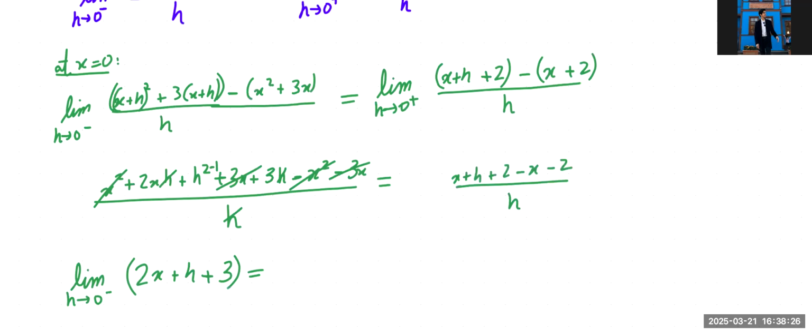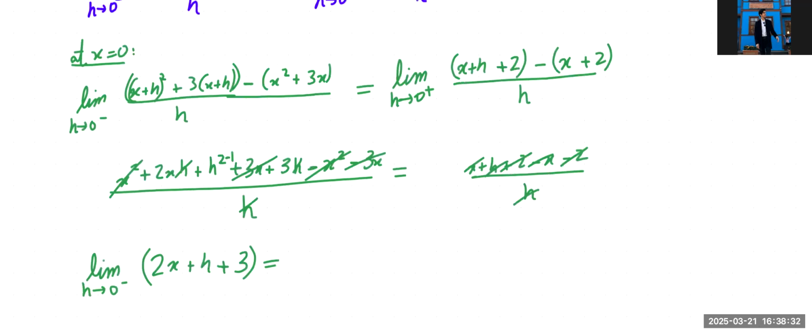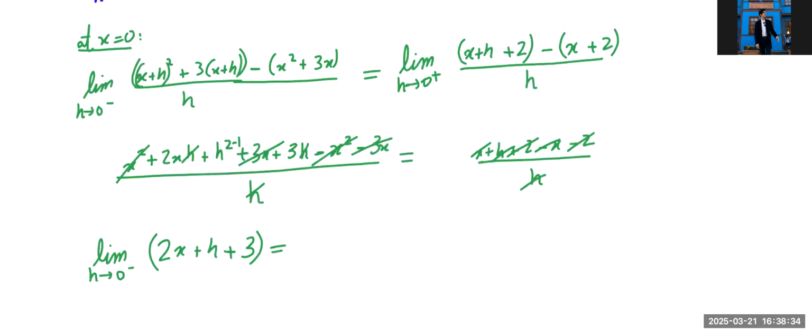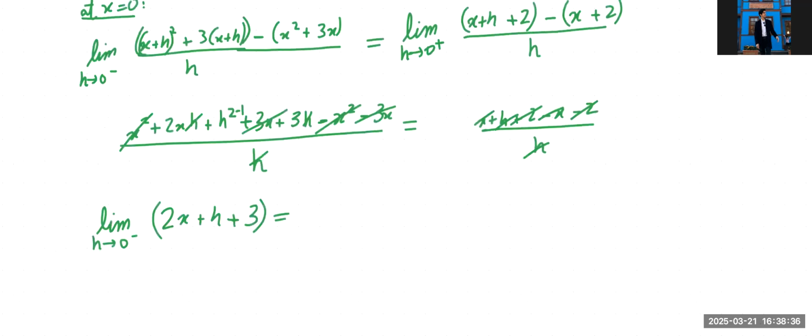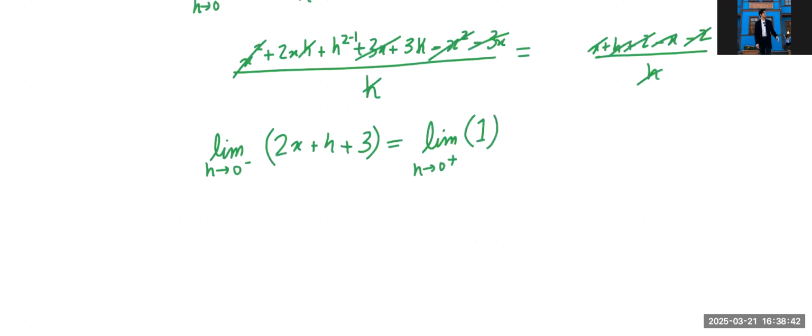The negative x and the x cancel out. The negative 2 and the 2 cancel out. The h and the h cancel out. Does not give you 0. Be careful. It gives you 1, because h over h is not 0 but 1. So on the right side, I end up with a much simpler limit to solve, which is just this. On the left side, I end up with 2x plus 0 plus 3, which is just 2x plus 3.